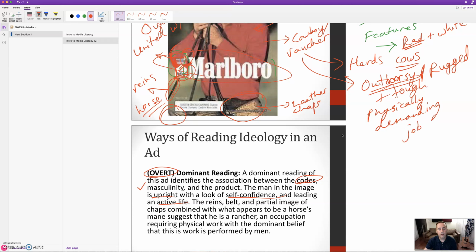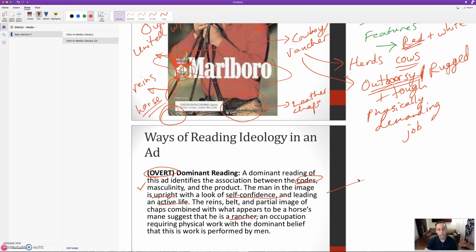So it makes him seem like he's very active. The reins, belt, and partial image of the chaps combined with what appears to be a horse's mane suggest he is a rancher, an occupation requiring physical work with the dominant belief that this work is performed by men.